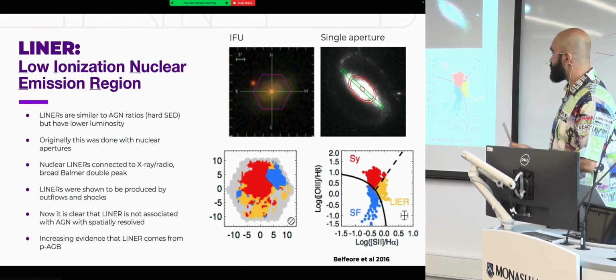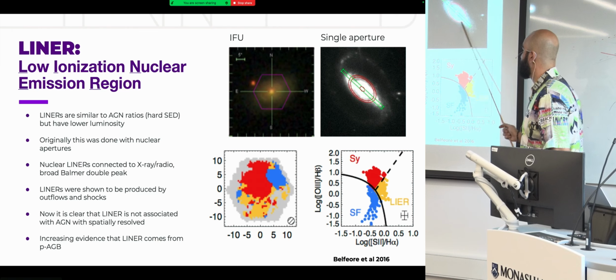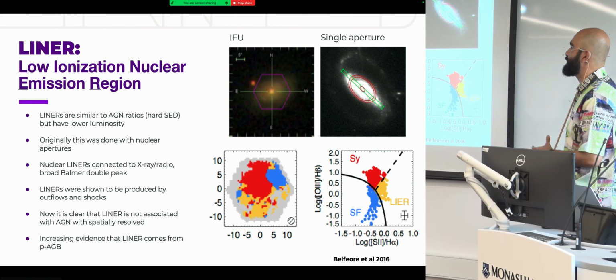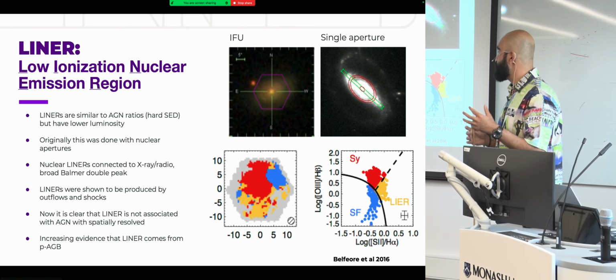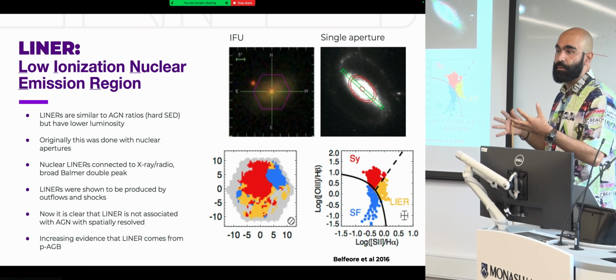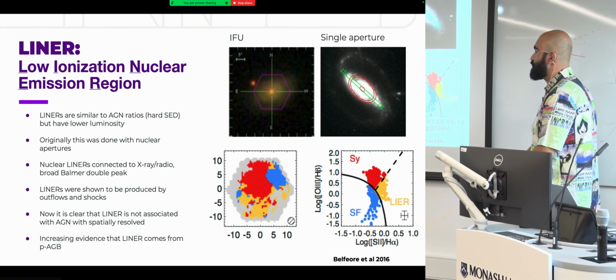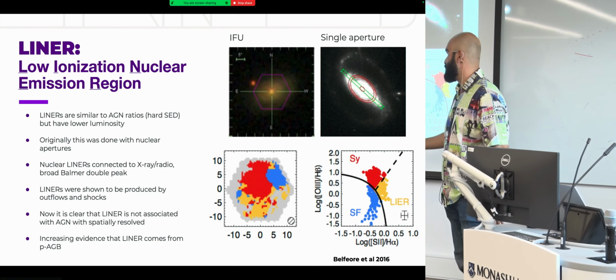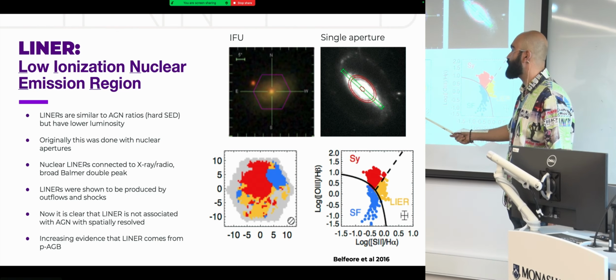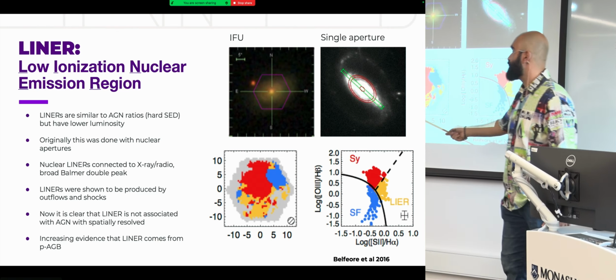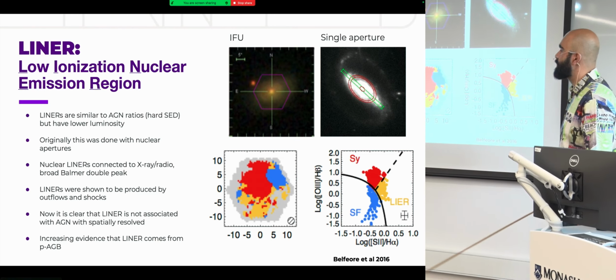Since this was done in a nuclear aperture, or basically integrated flux from the nuclear region, people used other instruments to try to find out what's going on in this nuclear region. Specifically in the LINER targets, we found that there's X-ray and radio in the nuclear region, in addition to the Balmer broad double-peak emission.